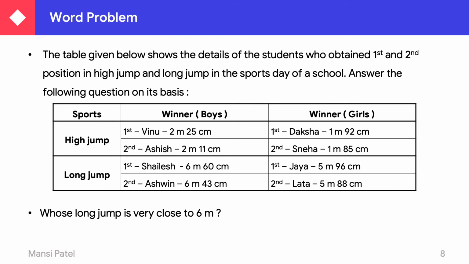Jaya's measurement for the long jump is 5 meter and 96 centimeter. It is close to 6 meter. And the measurement of Lata is 5 meter and 88 centimeter. It is also close to 6 meter, but in our question they are asking very close.